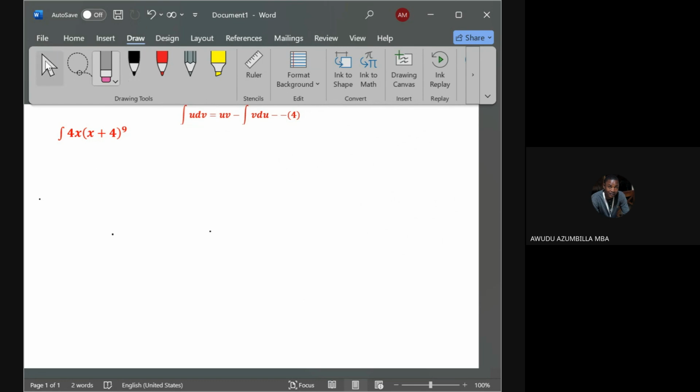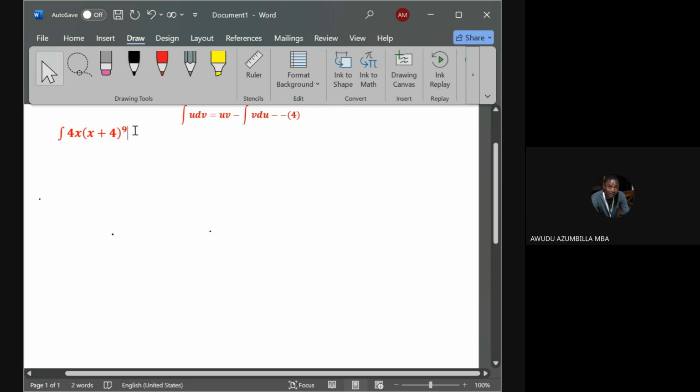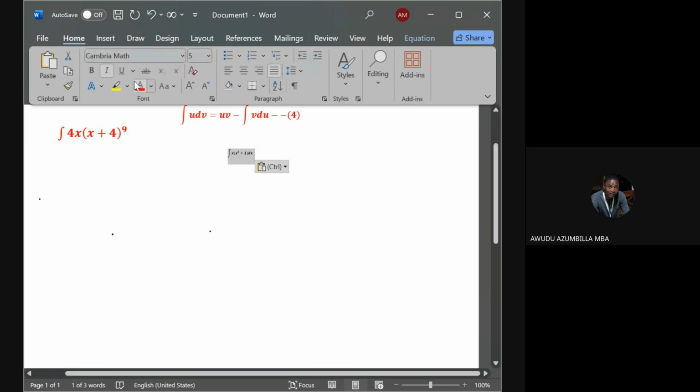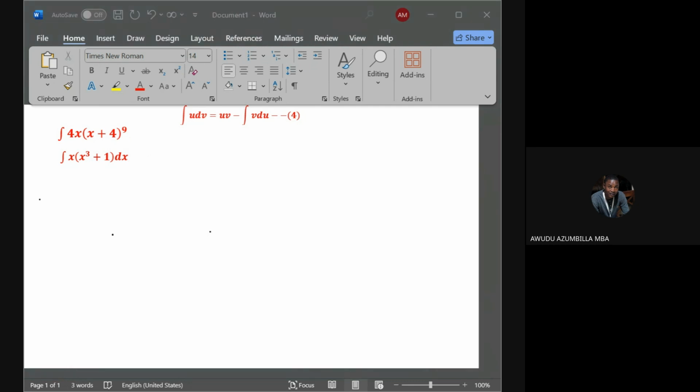Okay, so another example. We have x times the bracket x cubed plus 1.